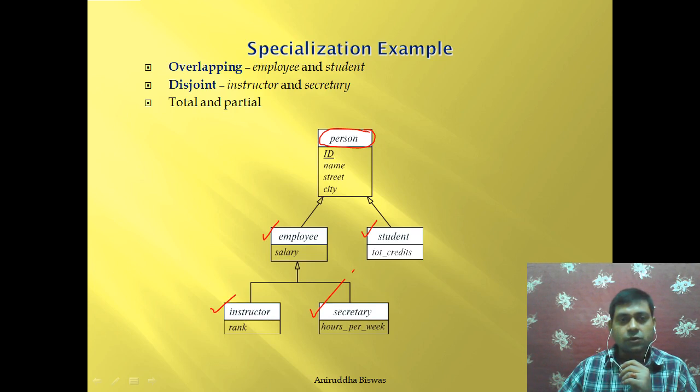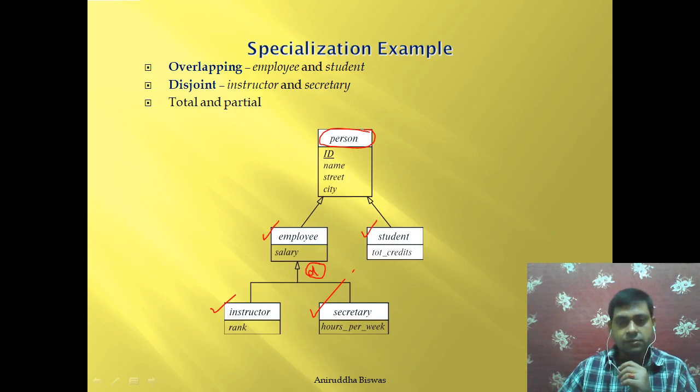So this is called disjoint specialization. To denote this, we write a circle and inside which we type D. A person could be an employee as well as a student as well.